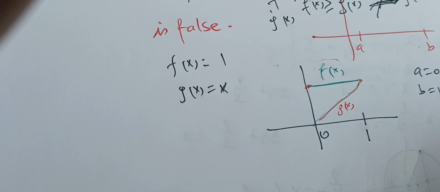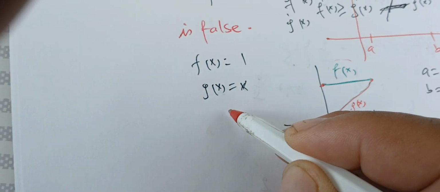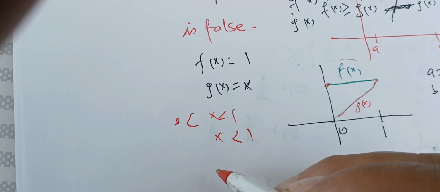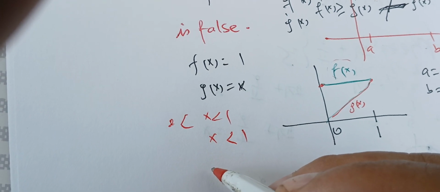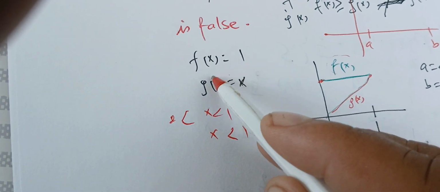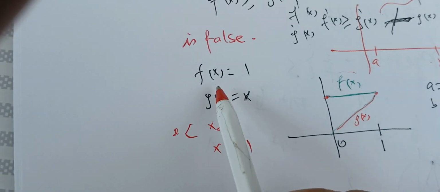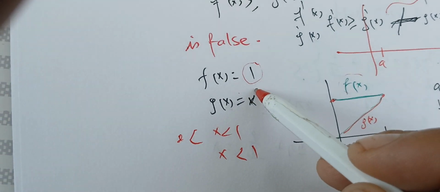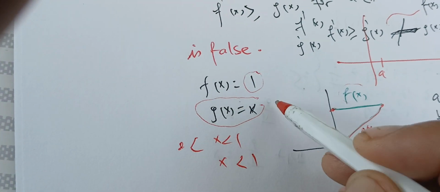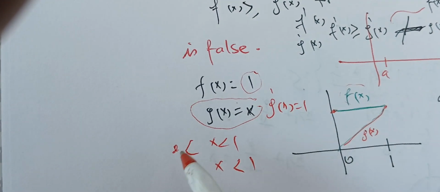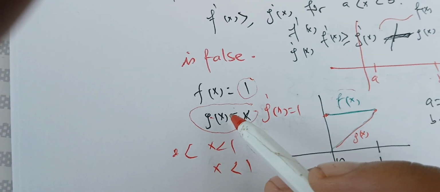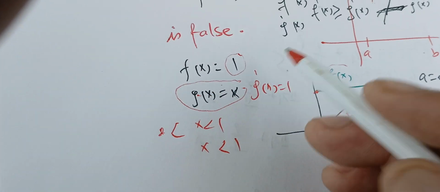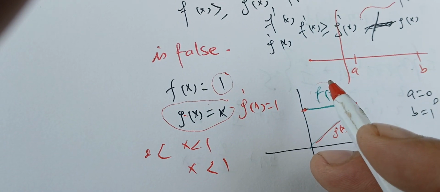Or you can see that if x is between 0 and 1, then x is less than 1. Both of them are differentiable because f is a constant, it's differentiable, and g is differentiable and its derivative is equal to 1. We know how to find the derivative, and f and g are differentiable in this case.